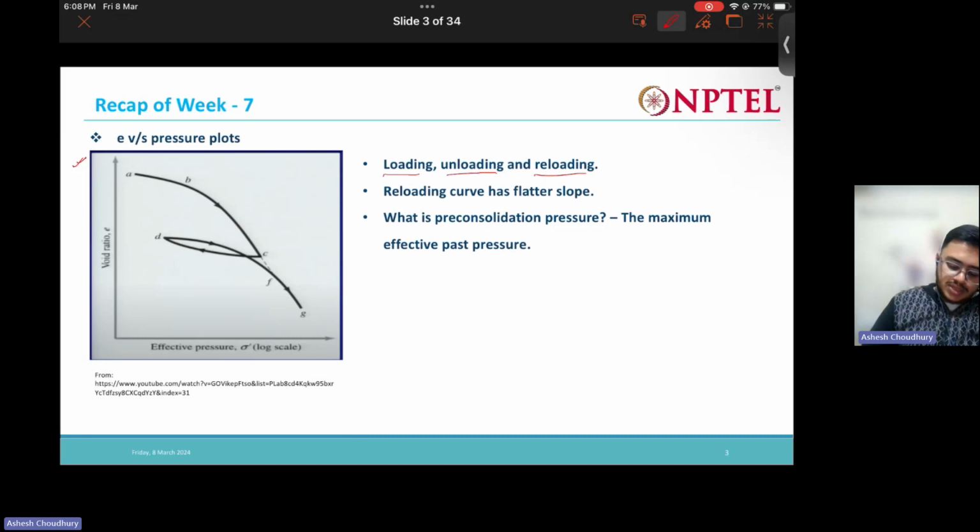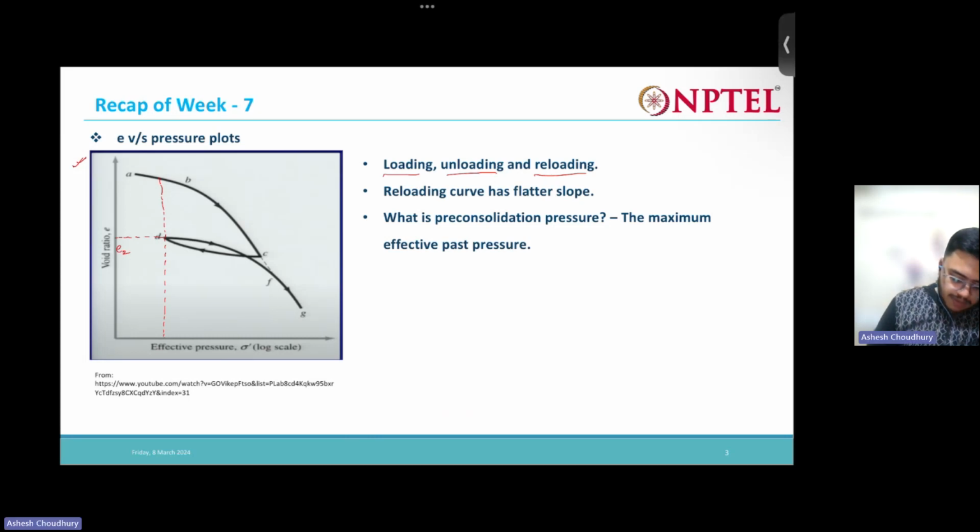Okay, now if you see this a little bit properly, at this D point, the void ratio is, say, E2. But at the same effective pressure, when the loading was there initially, at that time it was, say, E1.